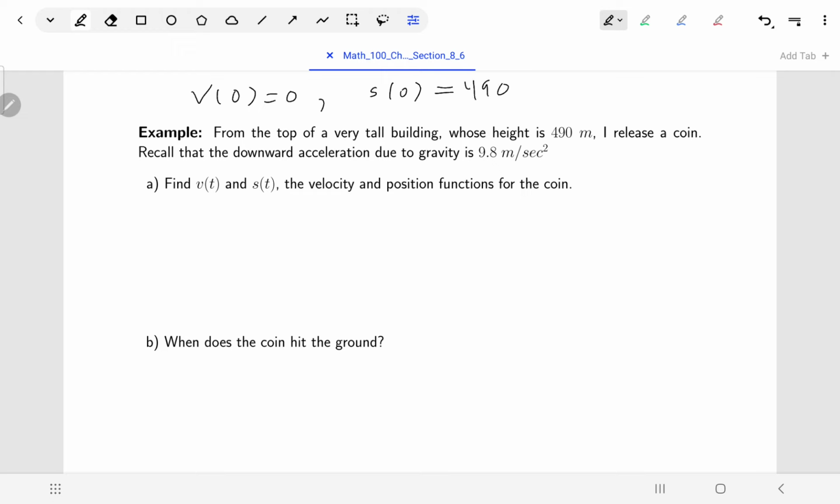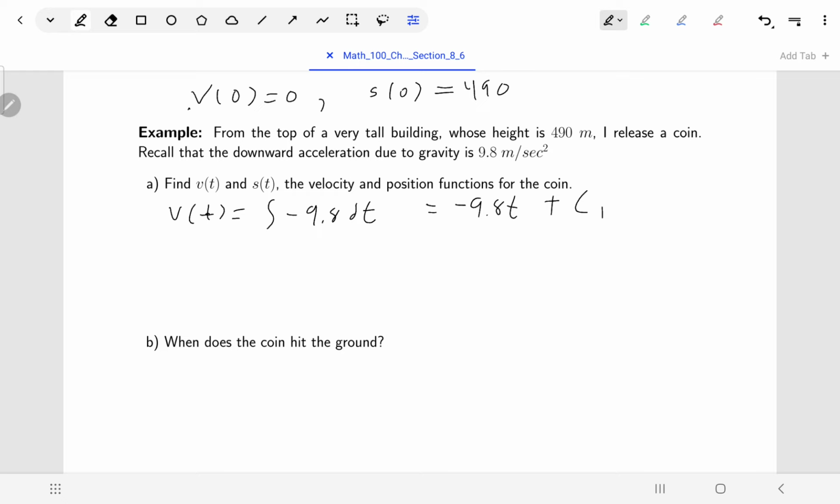And so now let's find ourselves our functions. For the velocity function, we know that velocity is the integral of acceleration. And I know acceleration due to gravity is downward at 9.8 meters per second squared. So I need to integrate negative 9.8 with respect to t, and I'd get negative 9.8t plus a constant.